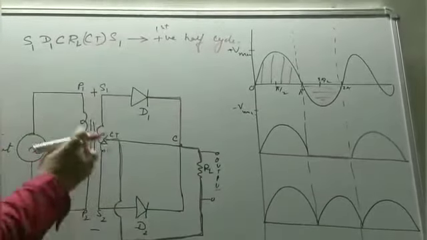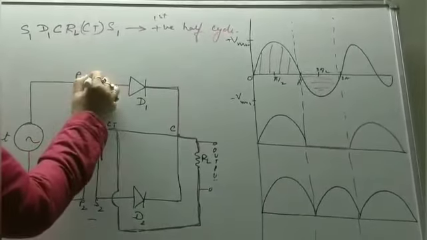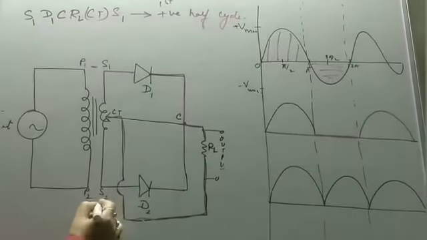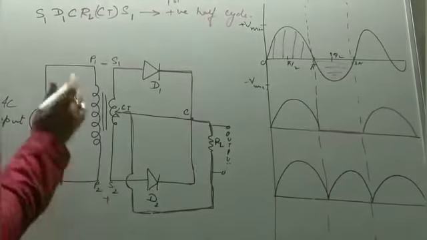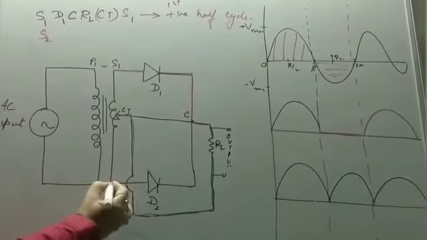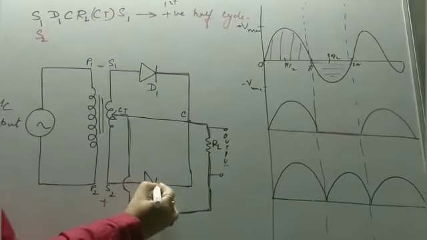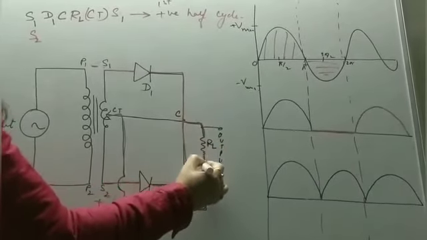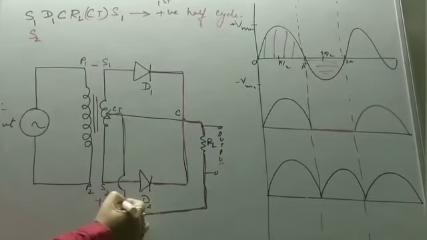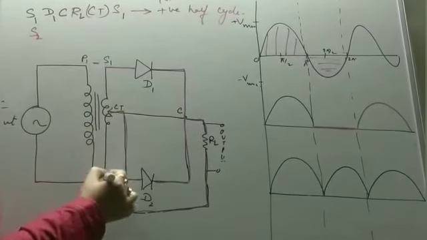Now in the second cycle, this is negative and this is positive. So the direction of the current will be S2, you can see here S2, then it goes to D2, after that C, then RL, coming over here to CT and then back to S2.